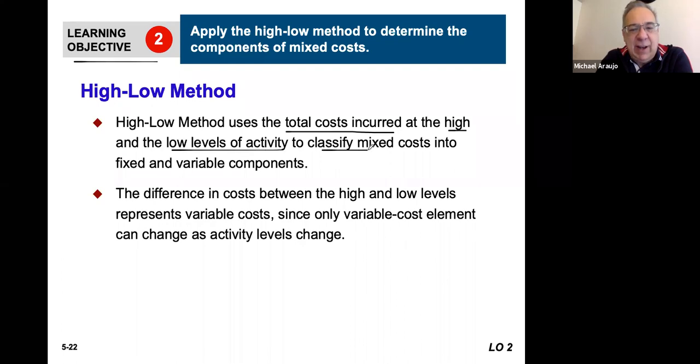It's going to help us classify our mixed costs into what part of that mixed cost is the variable component and what part is the fixed component. So that's basically what this allows us to do.